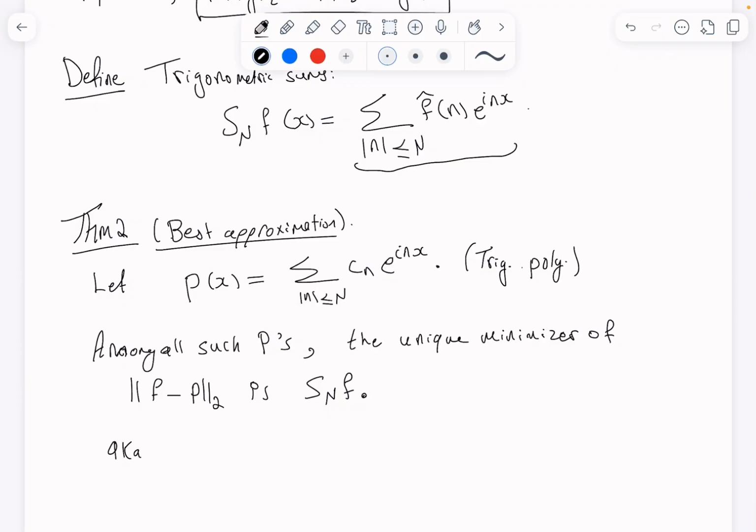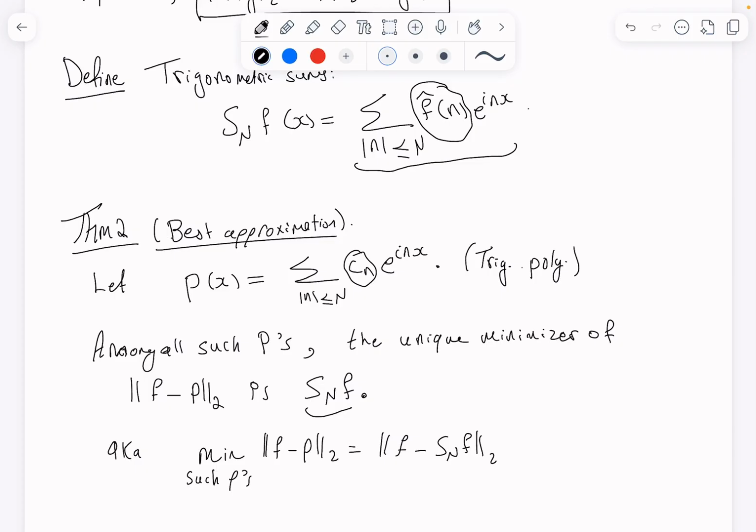In other words, the minimum over such p's, or the infimum, of the norm of f minus p equals this thing. So the minimum error is achieved by this trigonometric sum. Okay? In other words, if you choose the c_n's to be the Fourier coefficients, then you get a good approximant in this class of approximants.